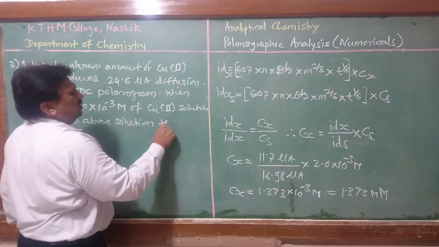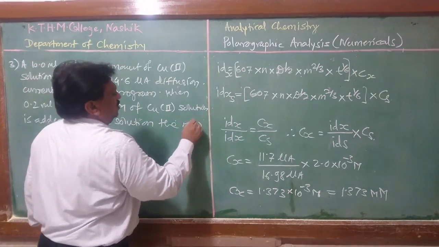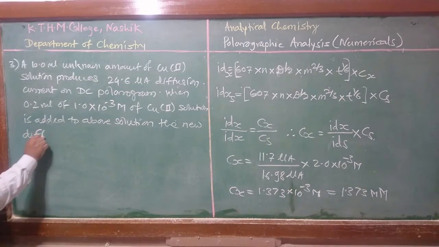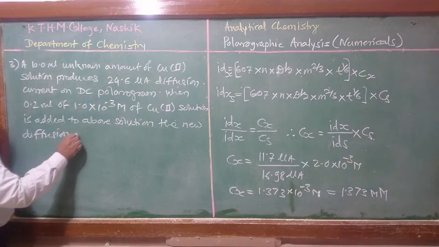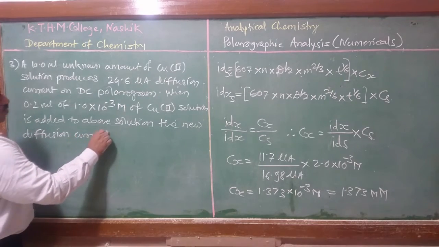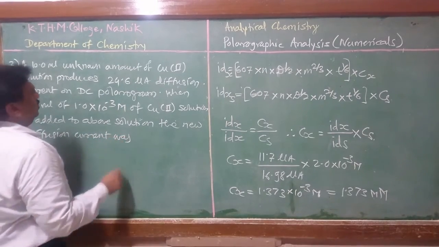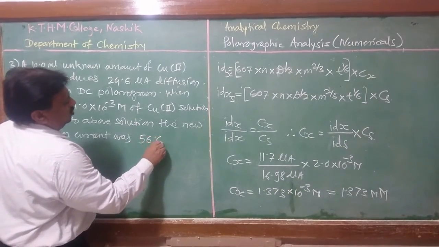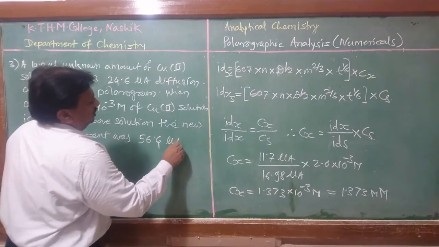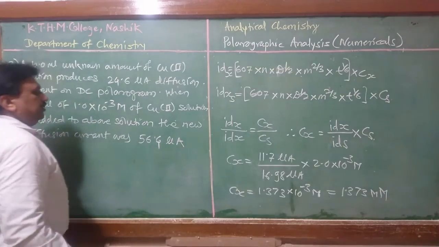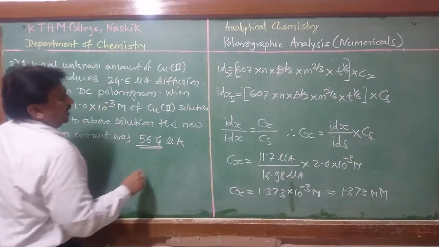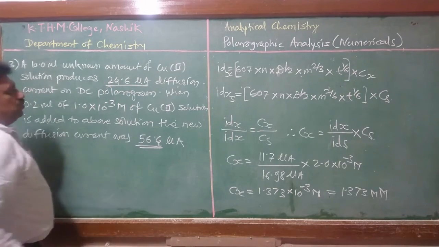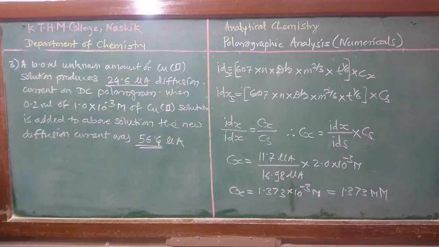The new diffusion current was 56.4 microampere. 56.4 microampere, and for the sample it is 24.6 microampere.